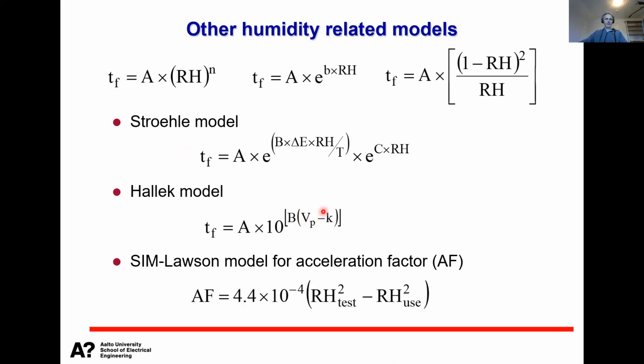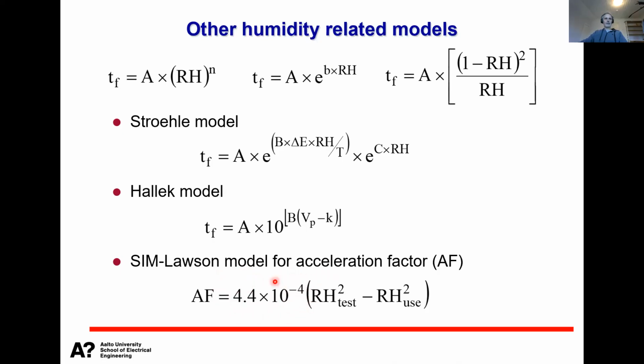Here we have water vapor pressure instead of relative humidity and so on. And this Peck-Lawson model for acceleration factor is also quite typically used. This is to correlate your use conditions and test conditions. In this case, this is just a constant which is experimentally defined. And if you have a different material, then this also changes, so maybe I should have put a constant here rather than this number.